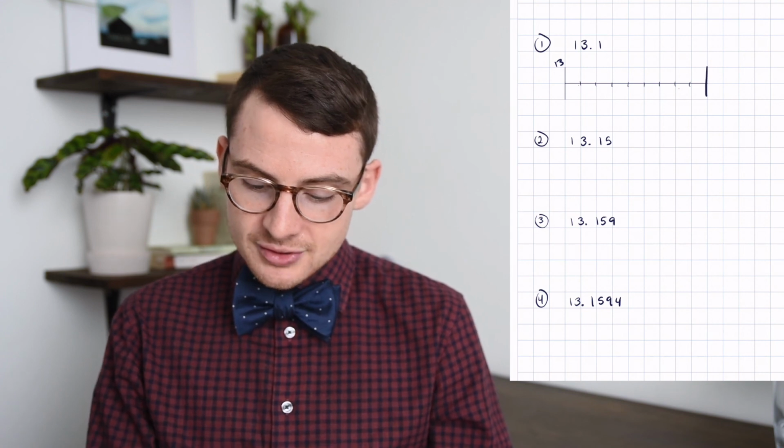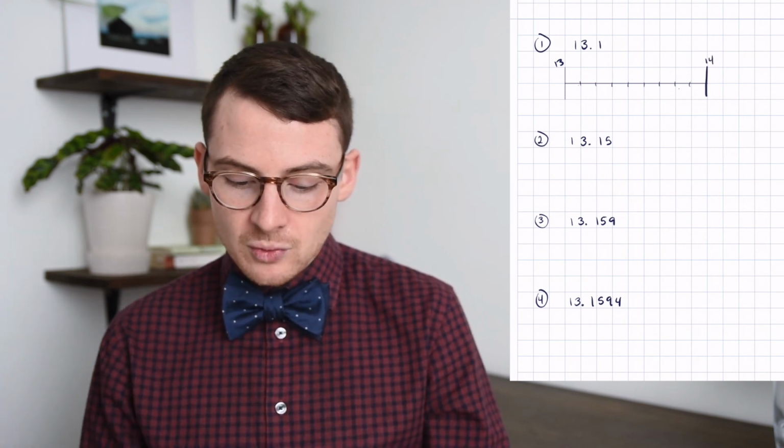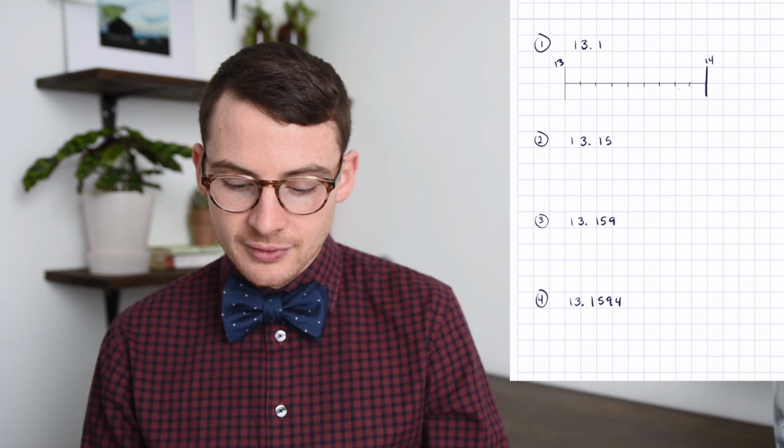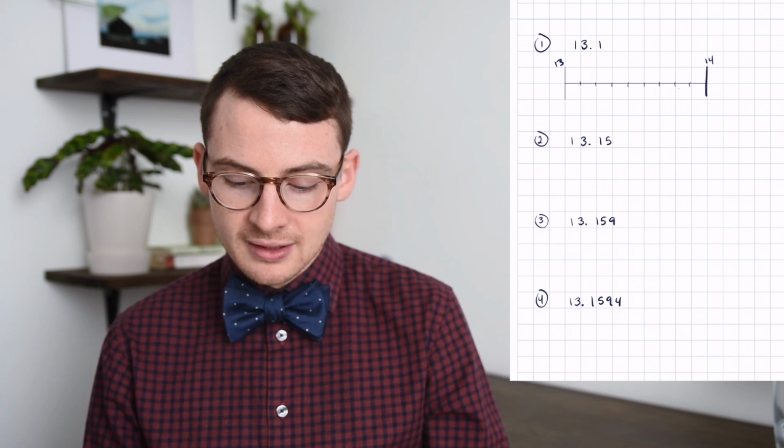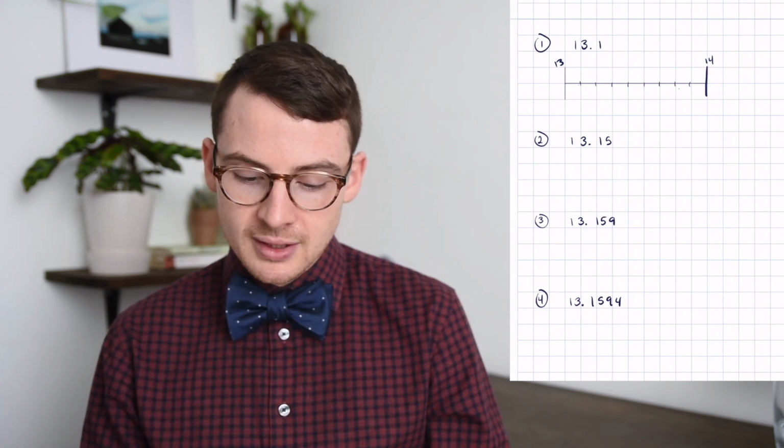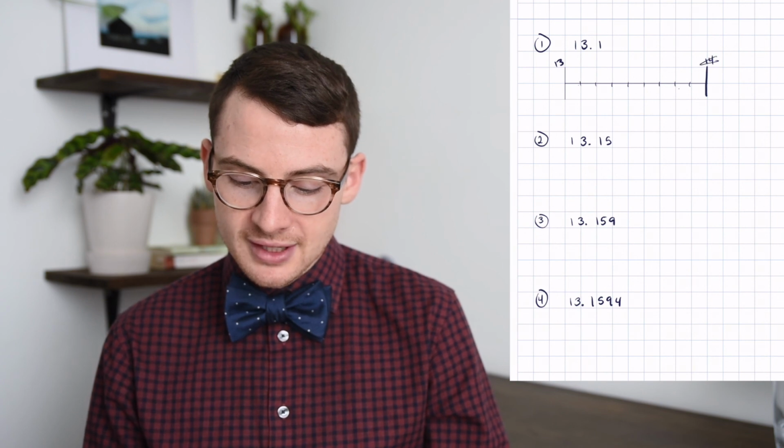Might as well make it exact. Okay. So this is 13, this is 14, okay? So we have 1, 2, 3, 4, 5, 6, 7, 8, 9. Wait, I shouldn't have erased that. Forgive me, it's still early in the morning. Okay, there we go.